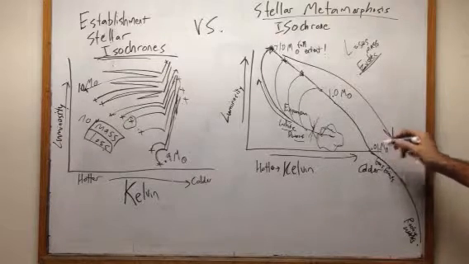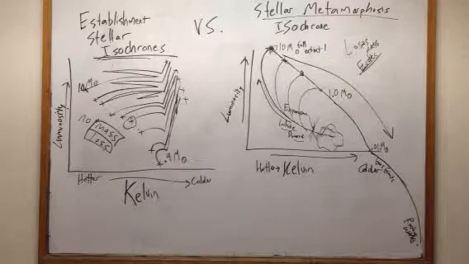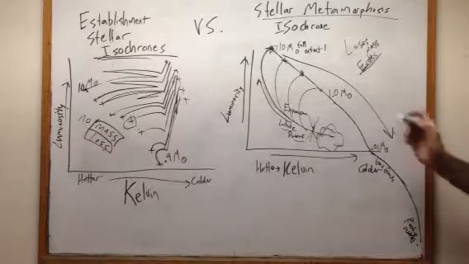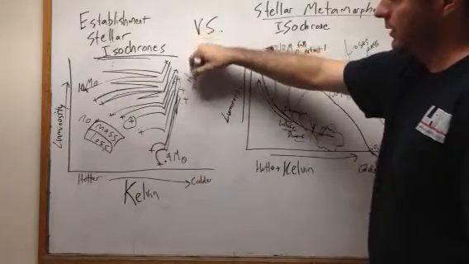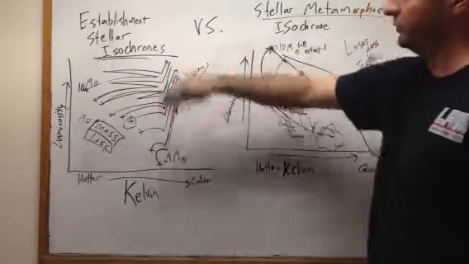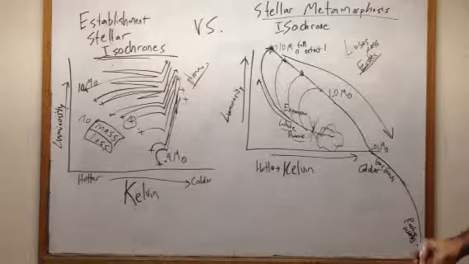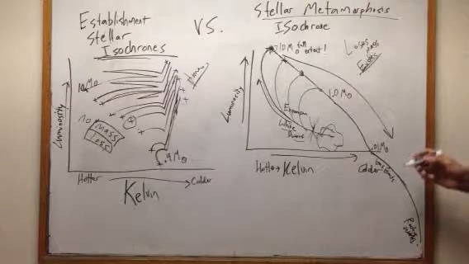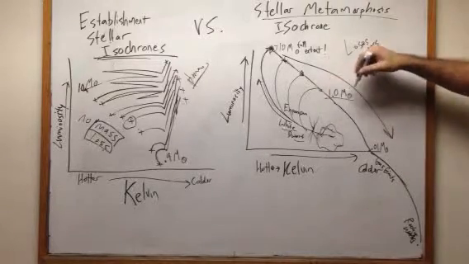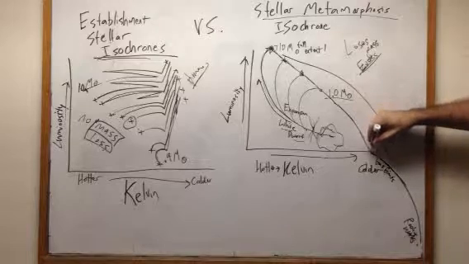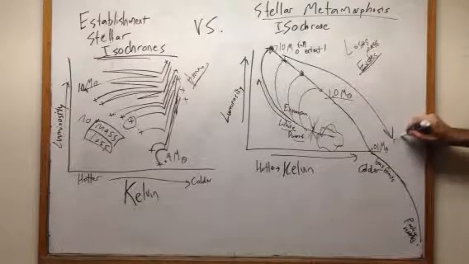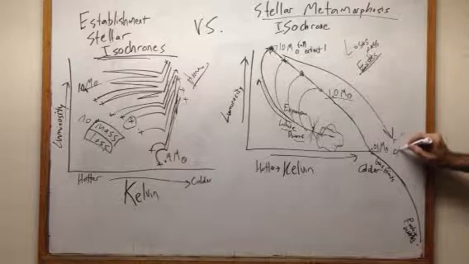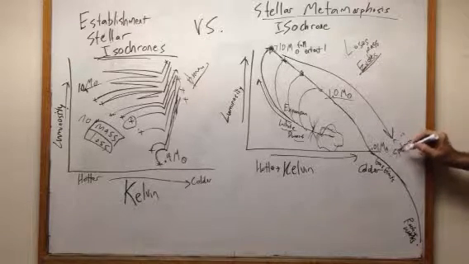And another huge problem, and I've gone over this multiple times, is the establishment's version only has stars as being plasma. Okay? So all stars in their model are going to shine. But unfortunately for them, the star continues to lose mass as it evolves and dies, reaching a point where it has no spectrum. Okay?